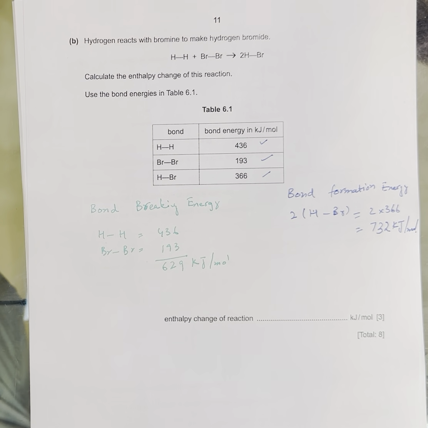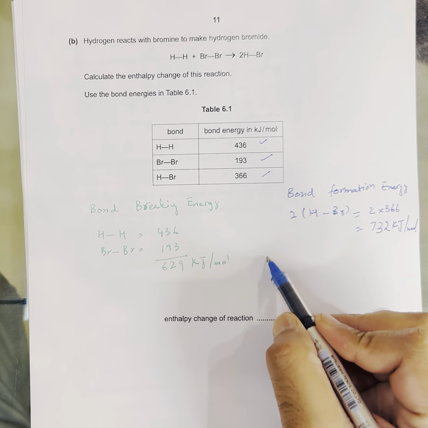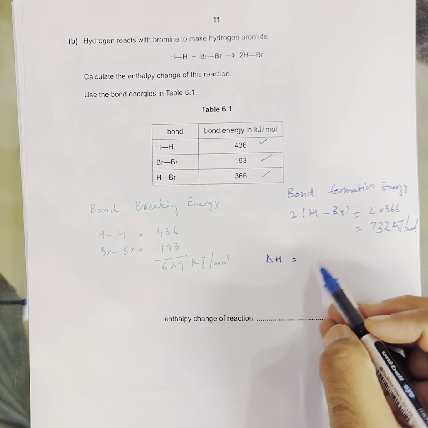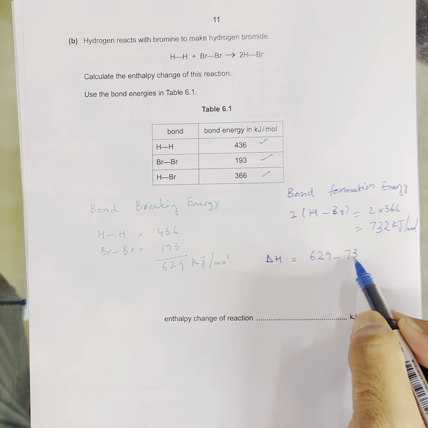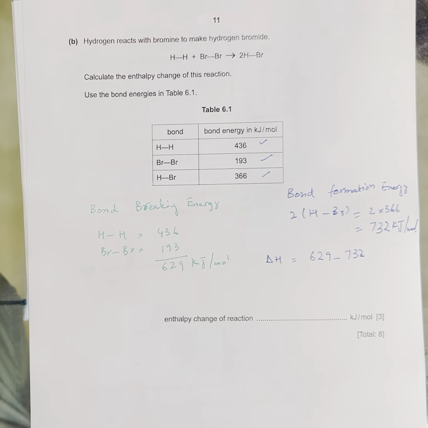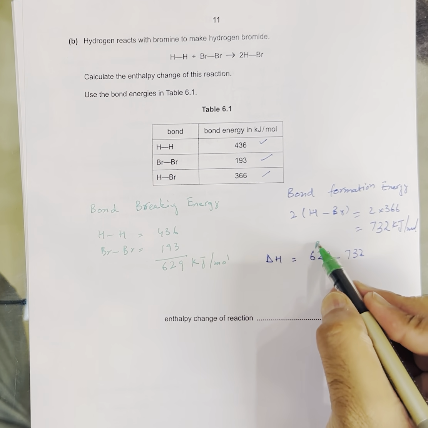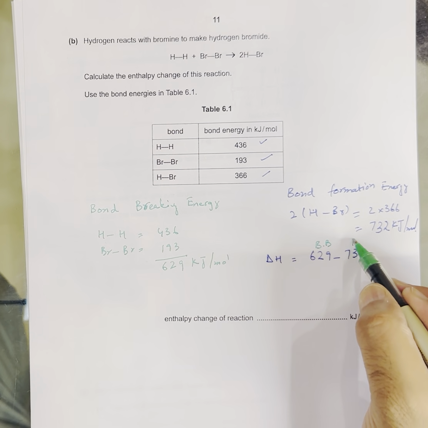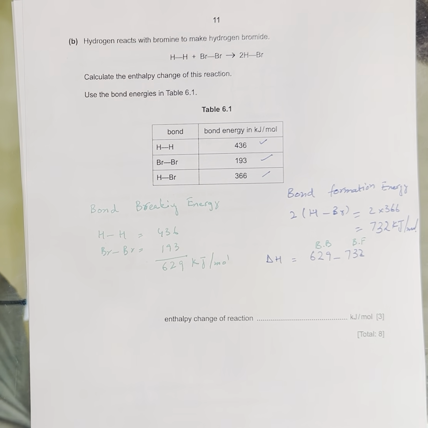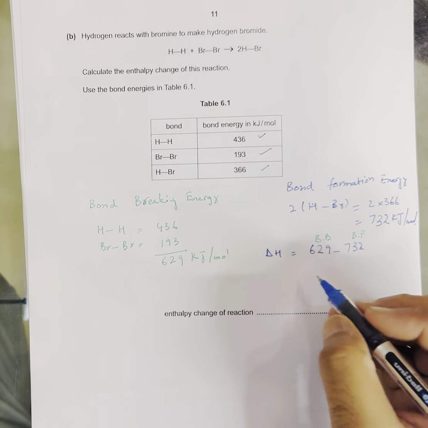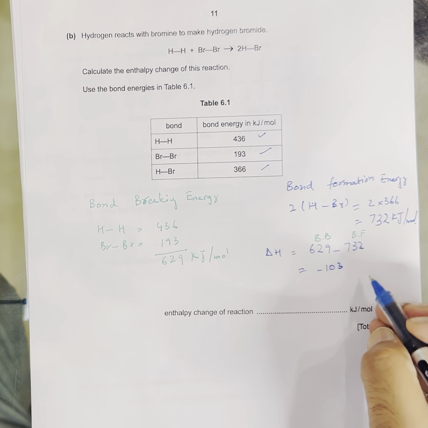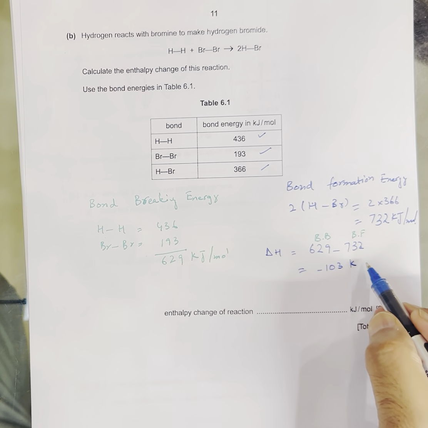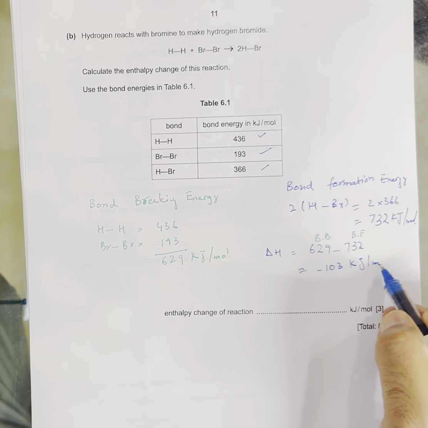Okay, we need to calculate delta H, which would be 629 minus 732. You can write over here, it is bond breaking energy and it is bond forming energy. And the answer would be minus 103 kilojoule per mole.